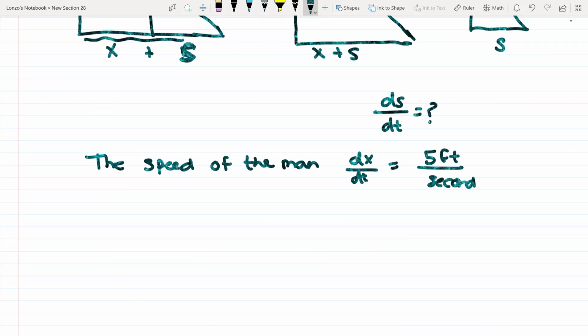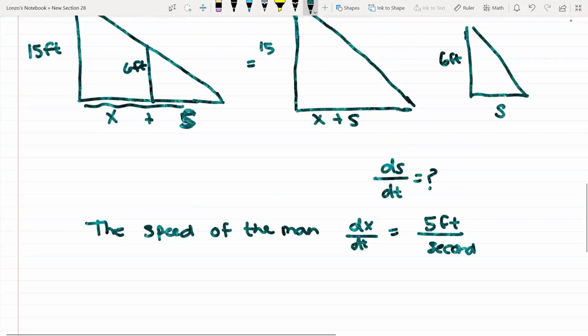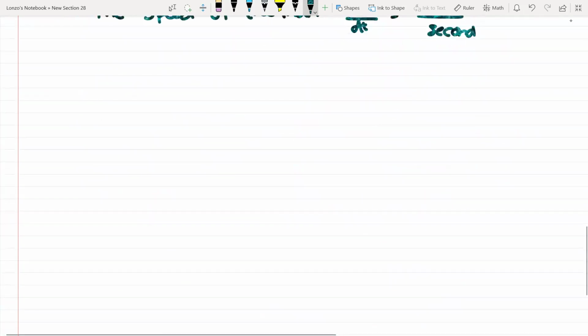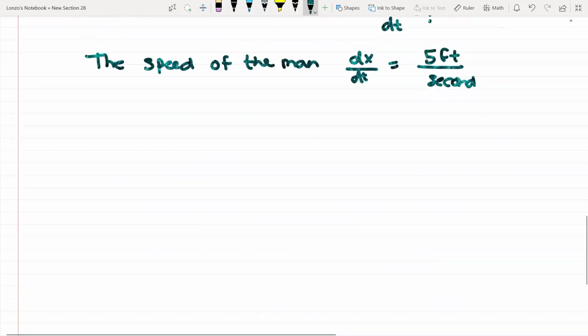Let's set up a proportion. Let's look at our triangles. We have the height and the base, so maybe we should just set it up as a proportion.